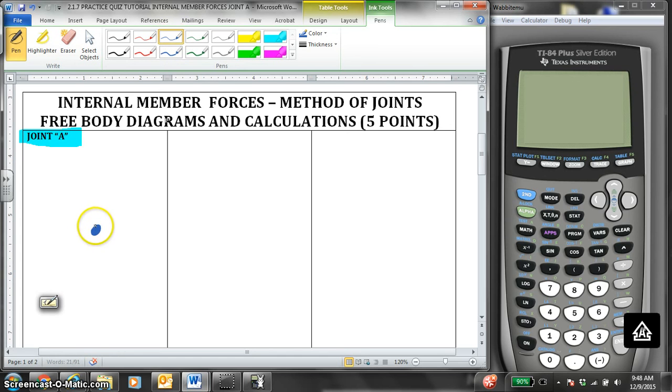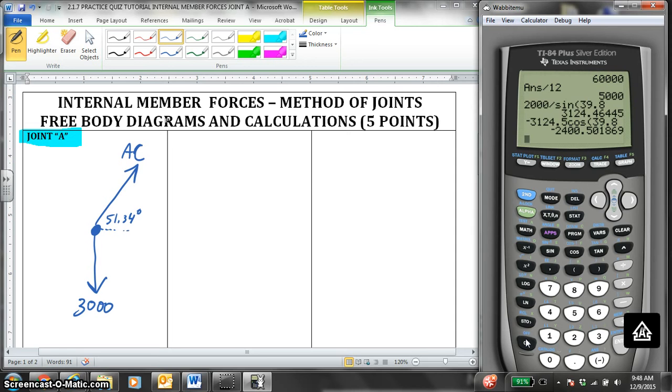This is joint A. A 3,000-pound object is hanging down from the end of the truss at joint A, exactly down. AC, assume tension, and this angle is 51.34 degrees.